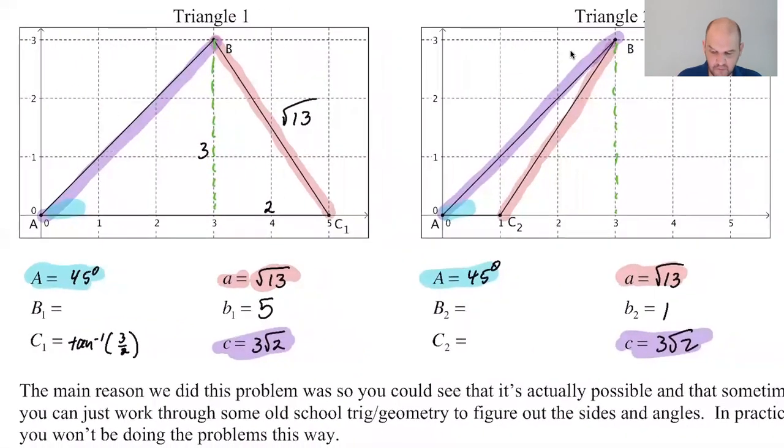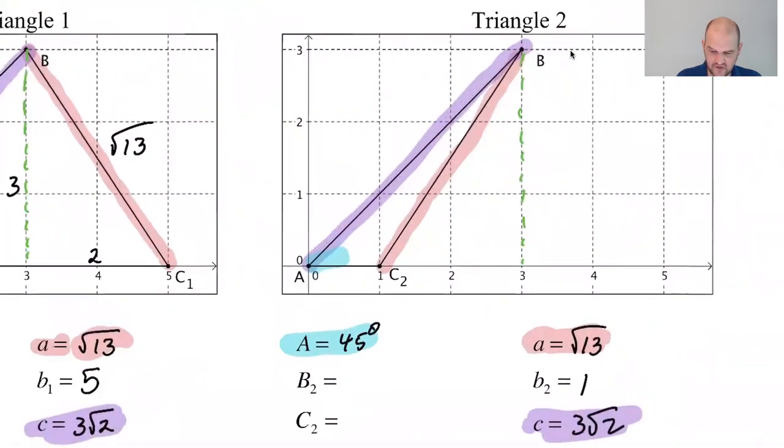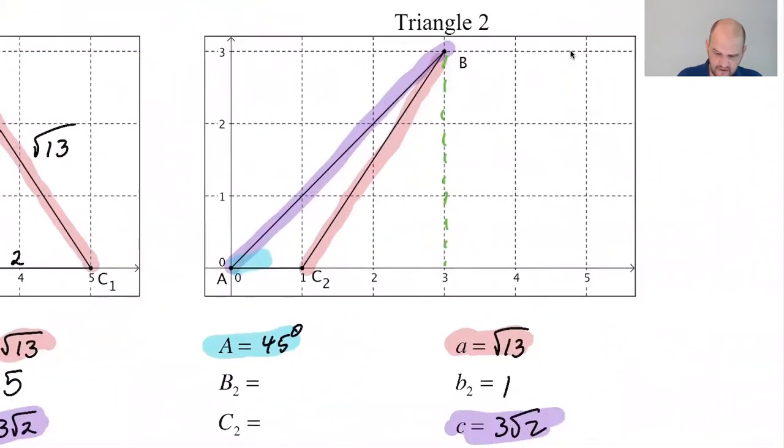Now the thing that I'm most interested in is really in this triangle here. This is 2, this is 3. So this angle right here, if I find it, is going to be the inverse tangent of 3 halves, which means that this angle right here is a supplement of that.